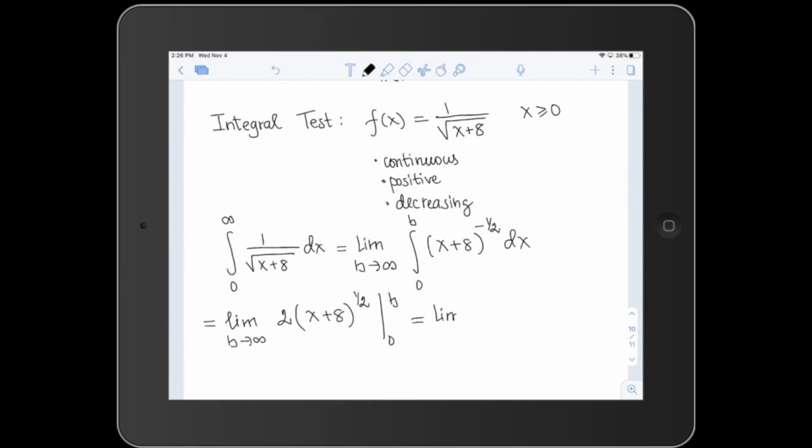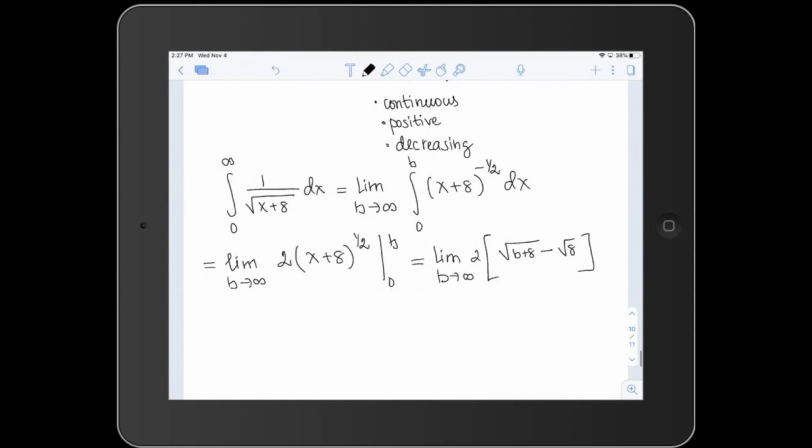So what is the limit as b goes to infinity of this expression? That would be 2 times square root of b plus 8, minus, if x is equal to 0, we just get 2 times square root of 8. But what happens to square root of b plus 8 as b goes to infinity?